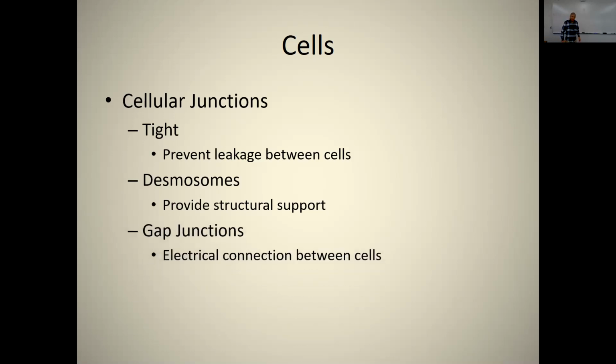Then gap junctions. These are electrical connections between cells, little holes that allow the cytosol of one cell to be directly in electrical contact with the cytosol of the cell right next to it.